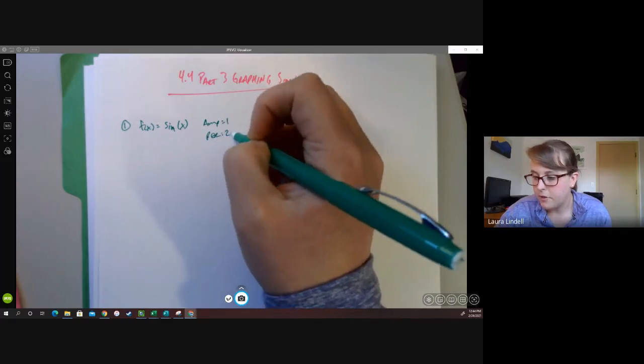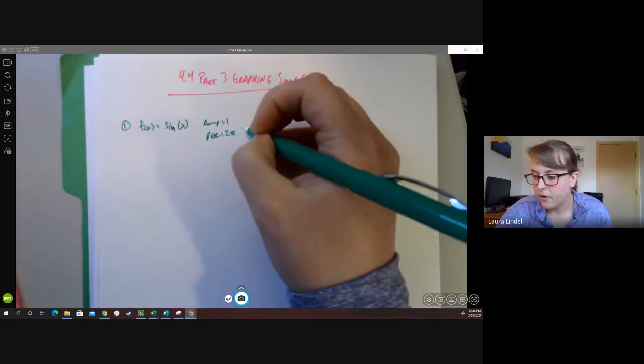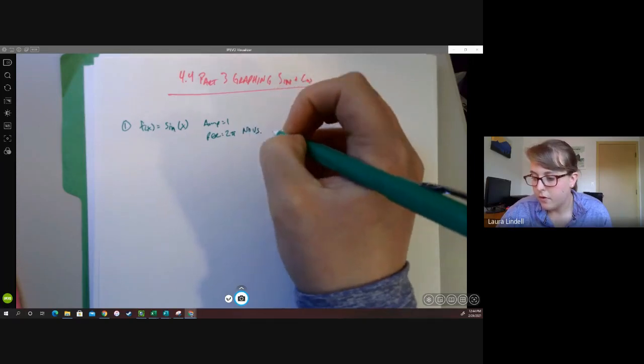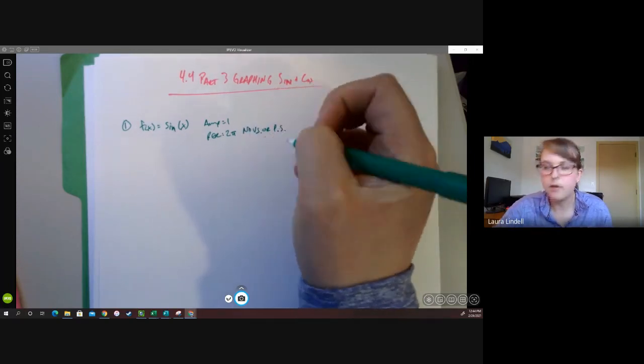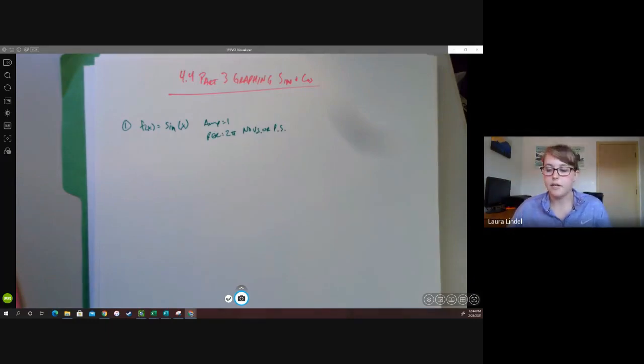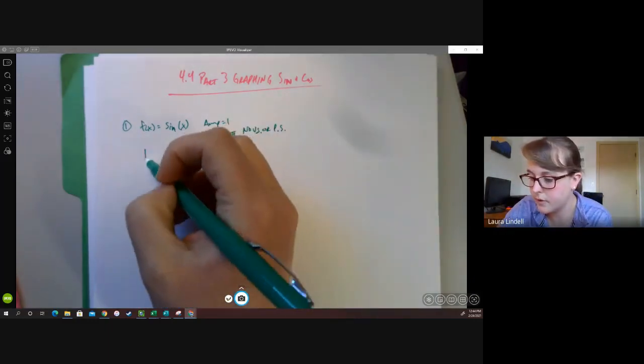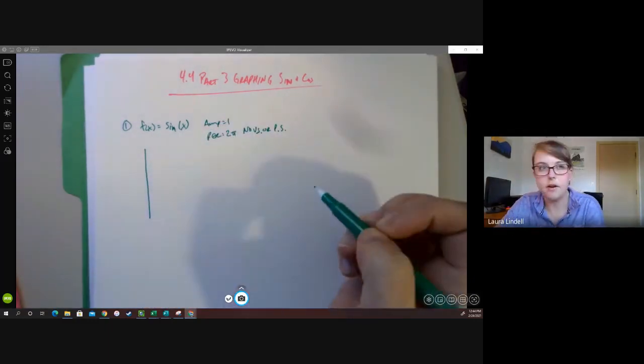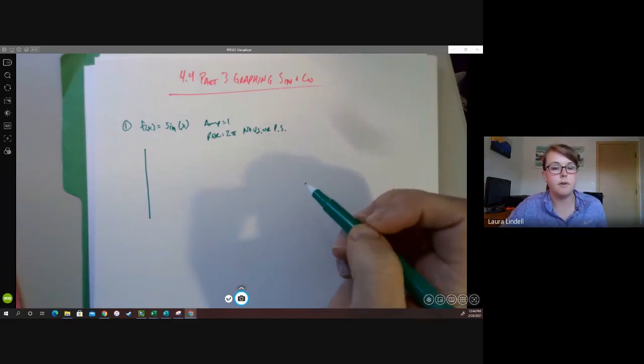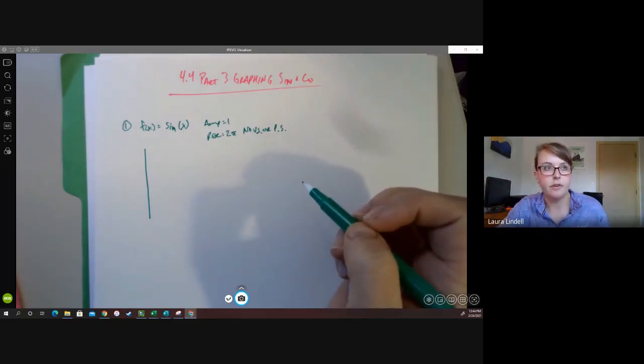The period is 2 pi. No vertical shift or phase shift. So if that's the case, from there, it's just kind of knowing what a sine function looks like.